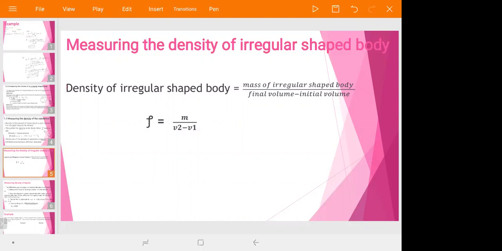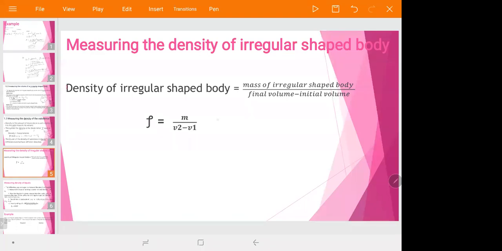Therefore, density is equal to its mass divided by volume 2 minus volume 1. Volume 2 means the volume of the water and the irregular shaped body together, and volume 1 means the volume of the water alone. So from this formula you can find mass, volume 1 and volume 2.